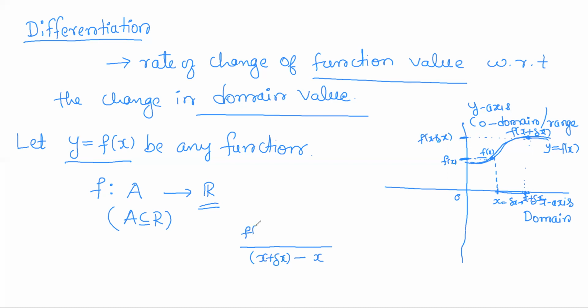So what is the change? It is f of x plus delta x minus f of x. So x was the initial value, the next value considered was x plus delta x, so the change which I have given is delta x. With respect to this change, the change in the function value I am observing is f of x plus delta x minus f of x.